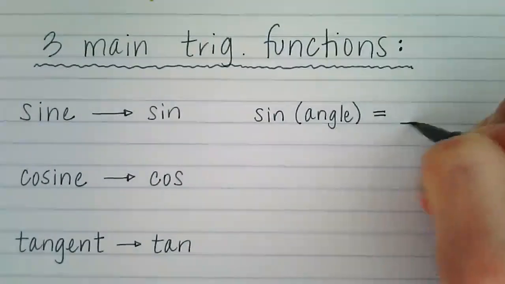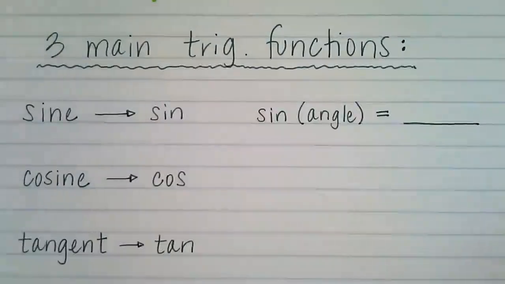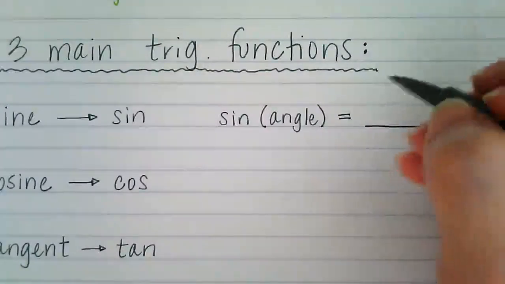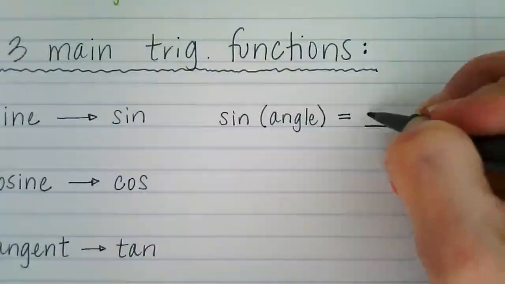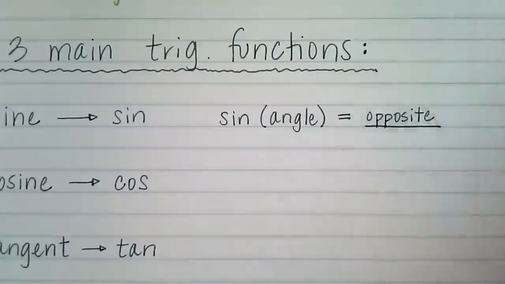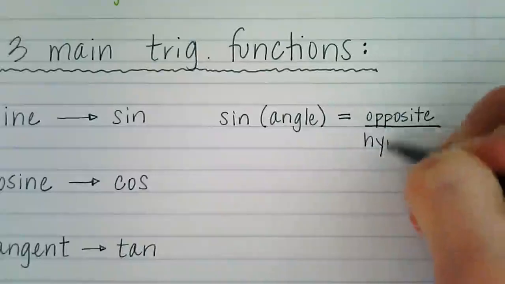And it equals a ratio using the two sides. For sine, we use the opposite over the hypotenuse.